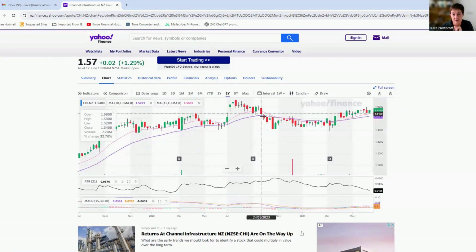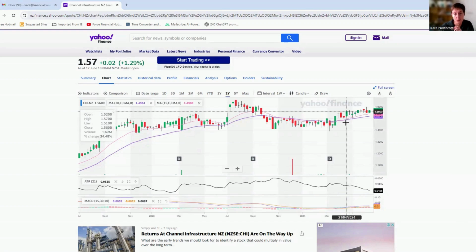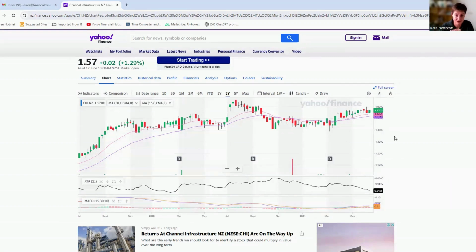We jumped up, and obviously we've come off a bit, but now we're starting to see a nice continuous upward trajectory. Now, shares are always going to take a breather, as I refer to it, and that is where you do see a red candle. We can't keep breathing out forever and keep going on, so neither can a share. And something else I do look at, and it's really simple, is that I want to see there's more green candles on a chart than red ones, which we've definitely got here for Channel Infrastructure.